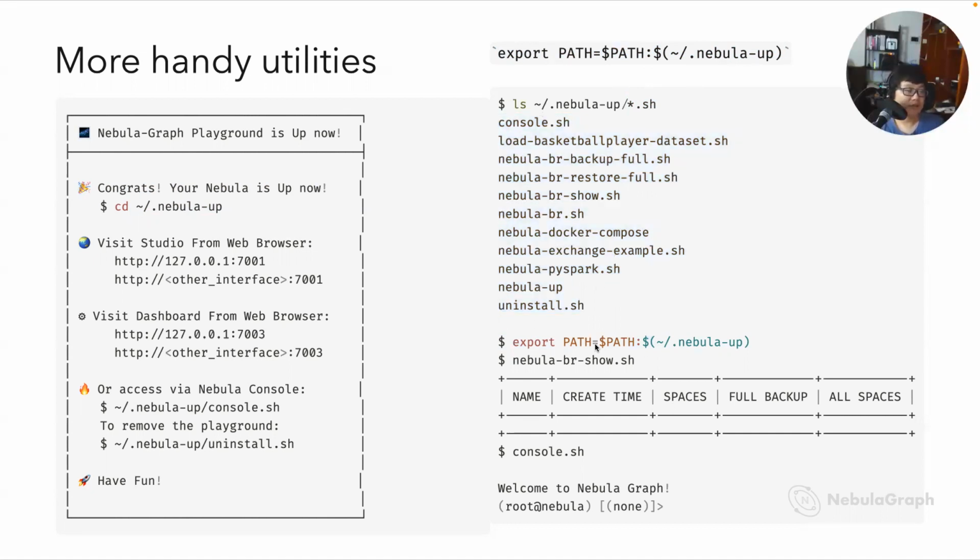So for example, you can run BR, which refers to backup and restore. It will help you load the BR command line from a container and run the corresponding commands and help you show. In this example, I didn't trigger any backup, so it shows nothing. And when you run console.sh, you will enter the console. It's already logged into GraphD. I will show you more of them later in the demo.